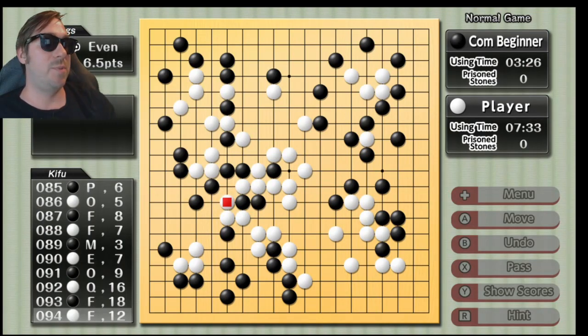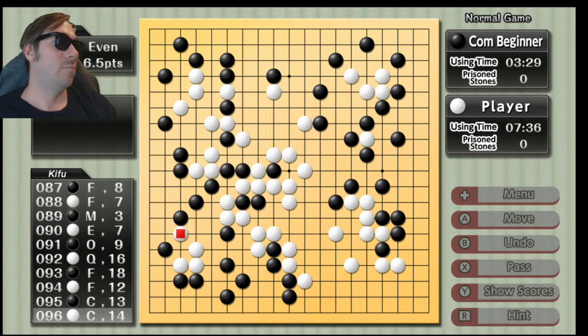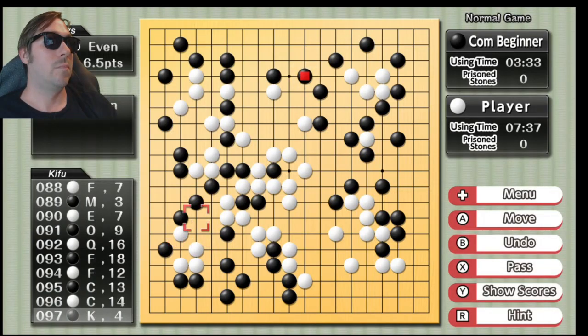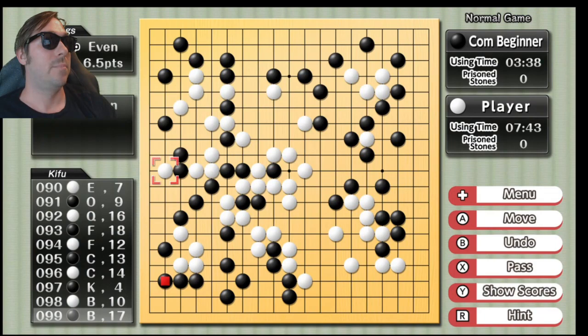I want to use this position as a launching off point because I want to kill everything below. We got to get rid of this. This thing right here is a non-negotiable. Has to die.